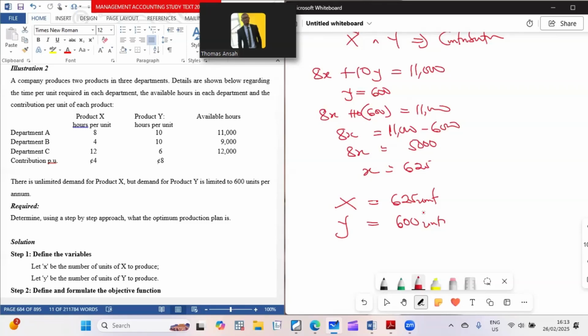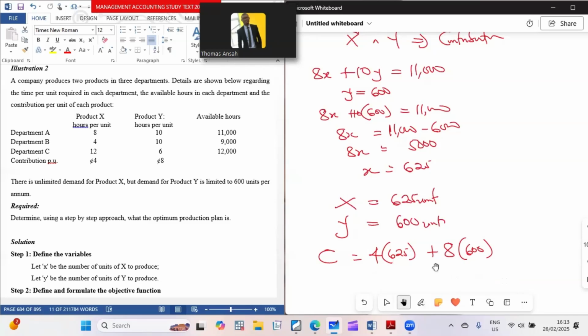So my maximum contribution can now be ascertained by doing 4 of 625, and what was the other one? The contribution 8 of 600 units. All right.